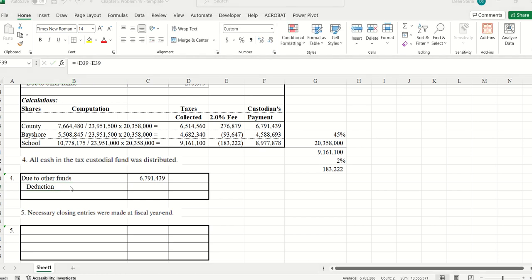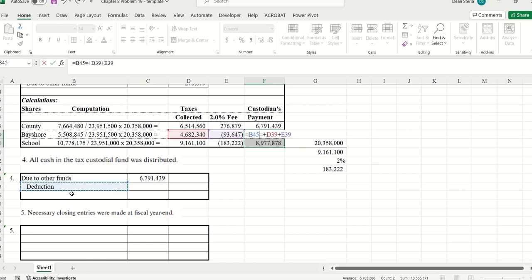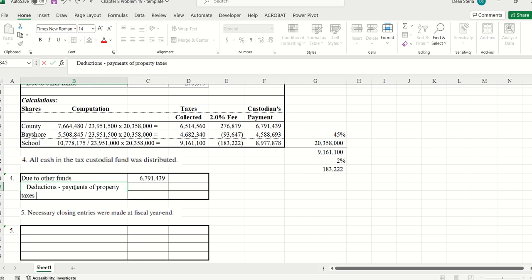Okay, so here we're going to have, let me finish writing this in. Deductions, payments of property taxes to other governments.